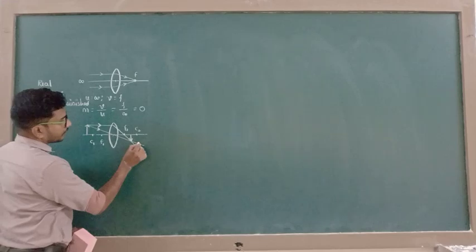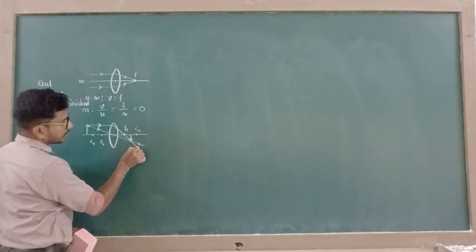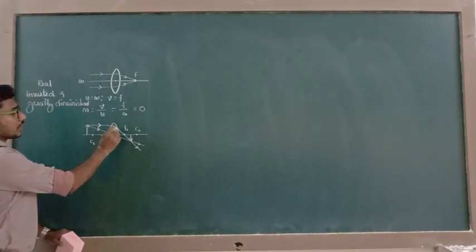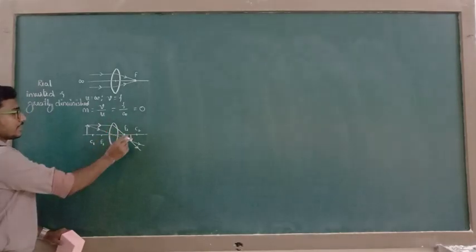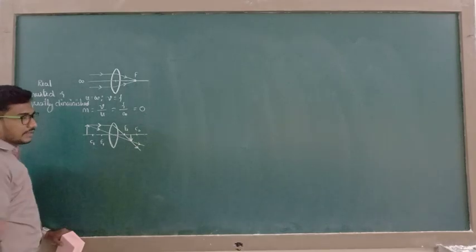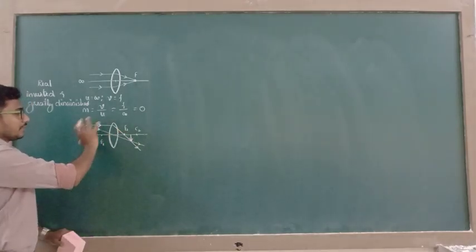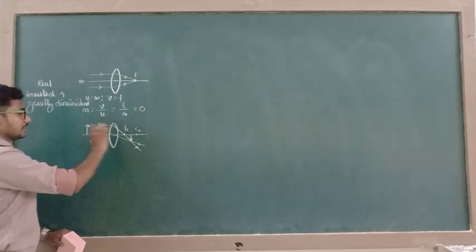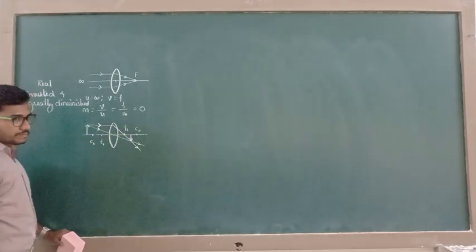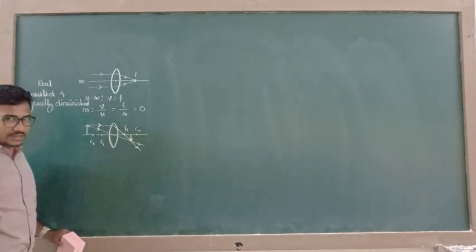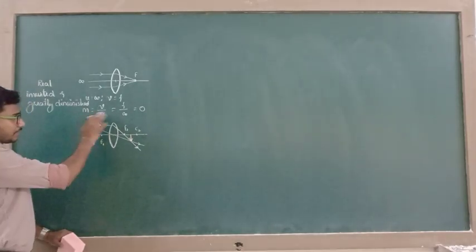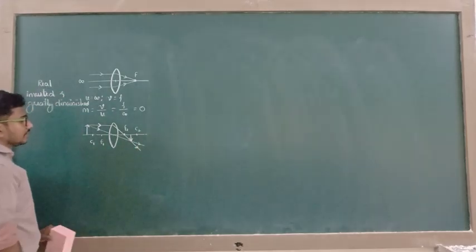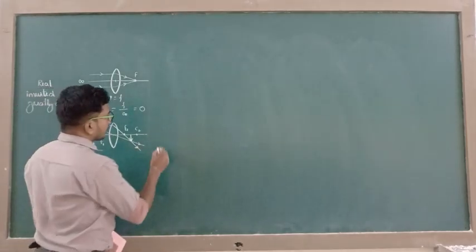Direction of refracted light rays. Again this image is due to a convergent beam of light, and hence the nature of this image is real, inverted. So clearly from this diagram we can say the size of the image is less than the size of the object. Therefore linear magnification is less than 1. Earlier linear magnification was equal to 1, here linear magnification is less than 1.